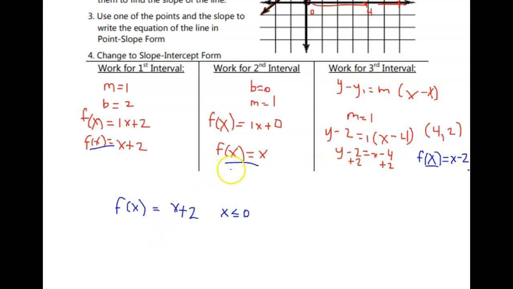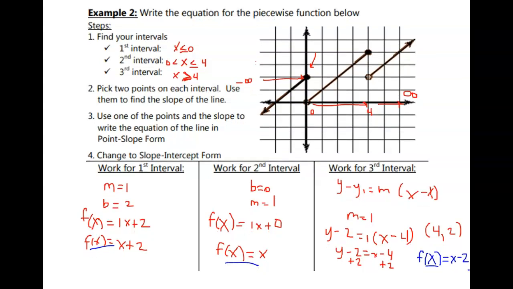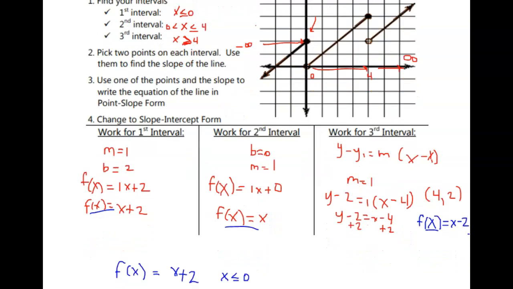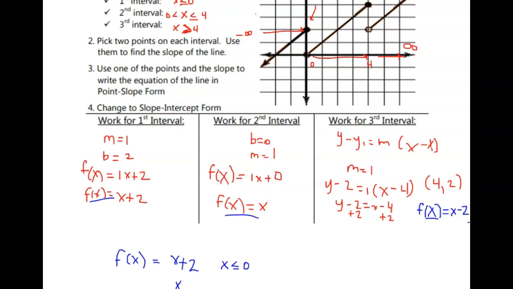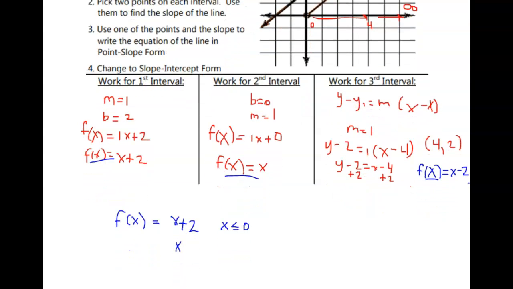My next interval is x, so I'm just going to write x. And I'm going to go up and write the restrictions for that. That's when x is between 0 and 4. I have to be careful how I write that because I want to include my greater than or equal to signs correctly. So x is greater than 0 but less than or equal to 4. All right.